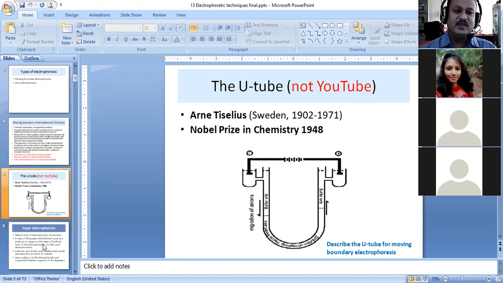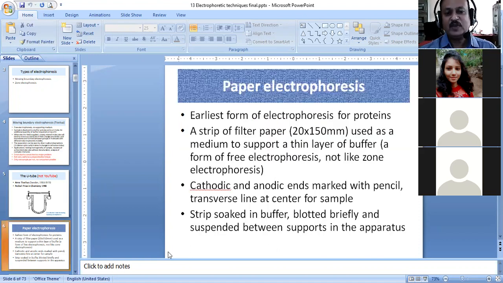Then we go to the next topic, the next form of electrophoresis, that is called paper electrophoresis. Before we go to gel electrophoresis, we will study what is paper electrophoresis. This is probably the earliest form of electrophoresis, and this was used initially for the separation of proteins.